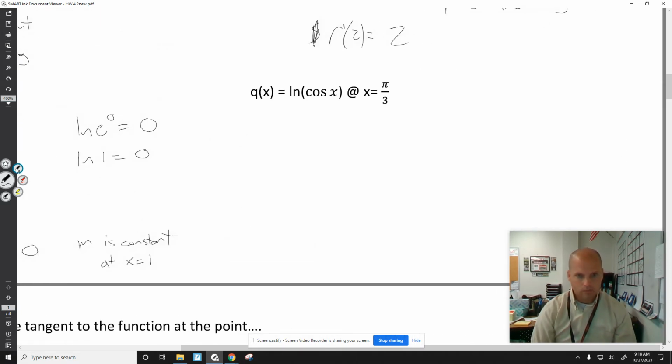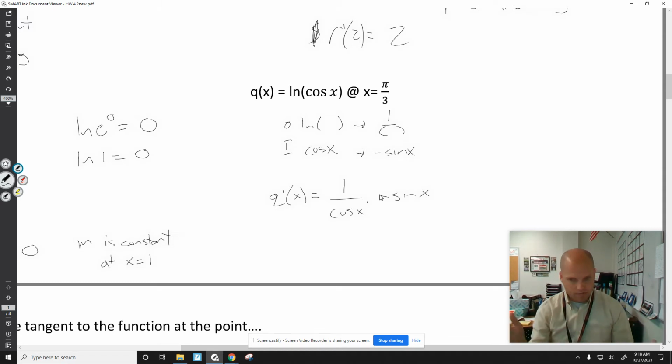Ooh, let's look at this one. Another O and I. O is the log. I is the cosine. Derivative would be 1 over, derivative of cosine is negative sine. So Q prime would be 1 over cosine times negative sine. What you realize is this ends up being just negative tangent. Okay, but whatever. If you don't want to do that, you just plug in pi over 3, and it's the same thing.